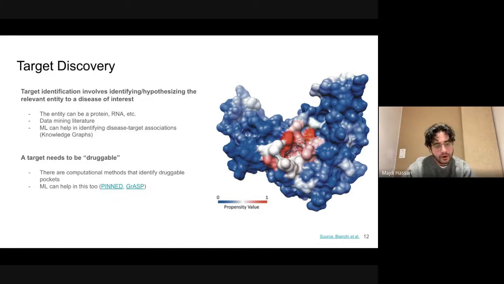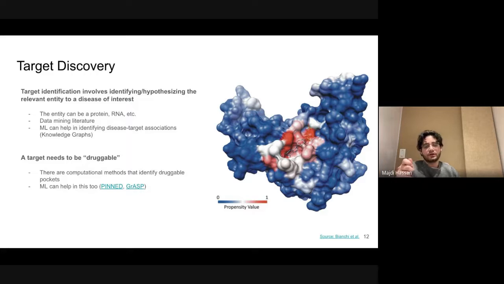Okay, so starting off with target discovery. Part of target discovery boils down to two things. First is identifying the relevant entity to the disease of interest. This doesn't necessarily have to be a protein, but for the sake of the rest of this talk, we'll be referring to proteins. Finding these targets and their associations with the disease requires a lot of research.